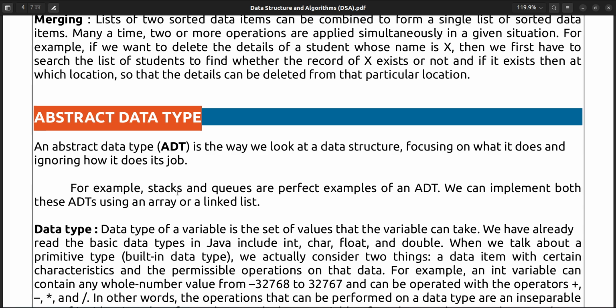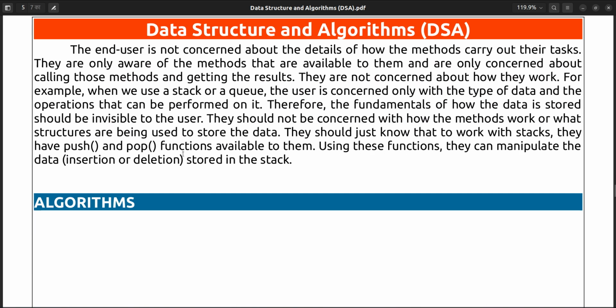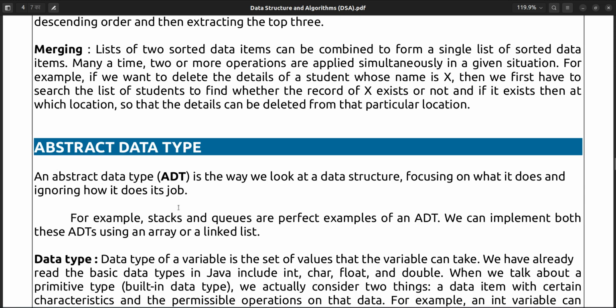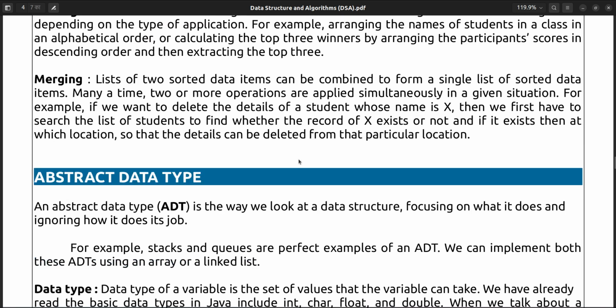That is an abstract data type. And the best examples of abstract data types are stack and queue. Okay, so this is about abstract data type and operations on data structures.